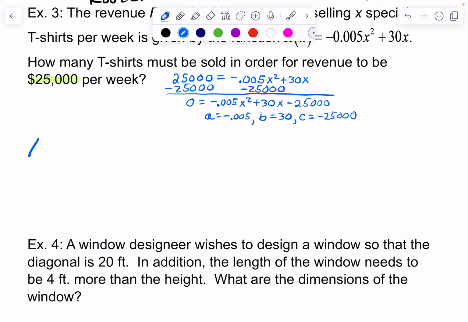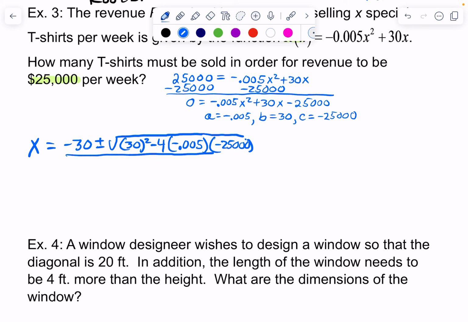So my x, the number of t-shirts, is going to equal negative b plus or minus the square root of b squared minus 4 times a times c, over 2a.